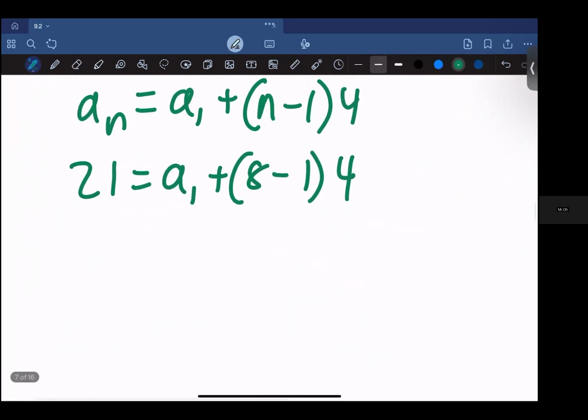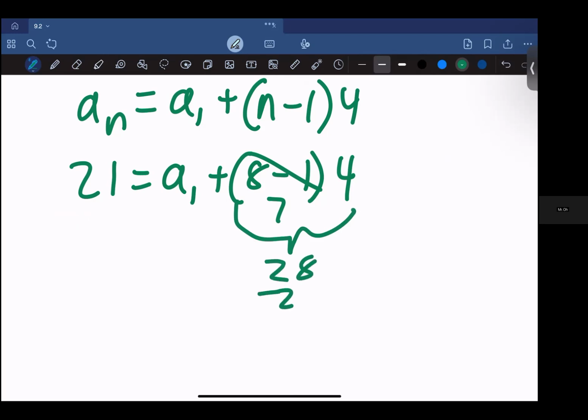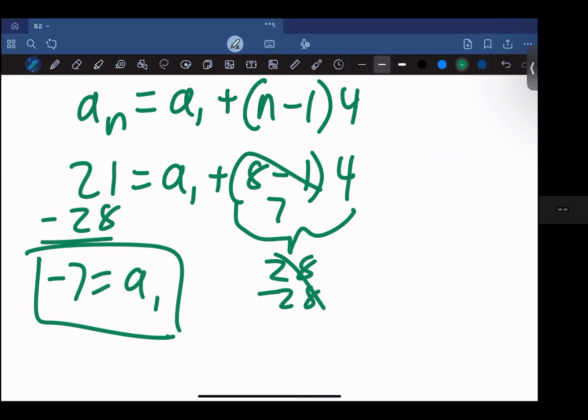So we have 21 equals a1 plus 8 minus 1, which turns into 7. 7 times 4 is 28. Okay, so this all together will turn into 28. I'm going to move this over to the other side, giving me negative 7 equals a1.